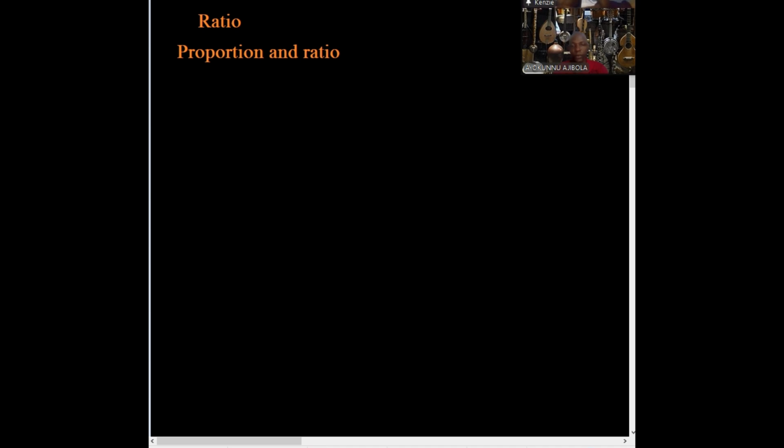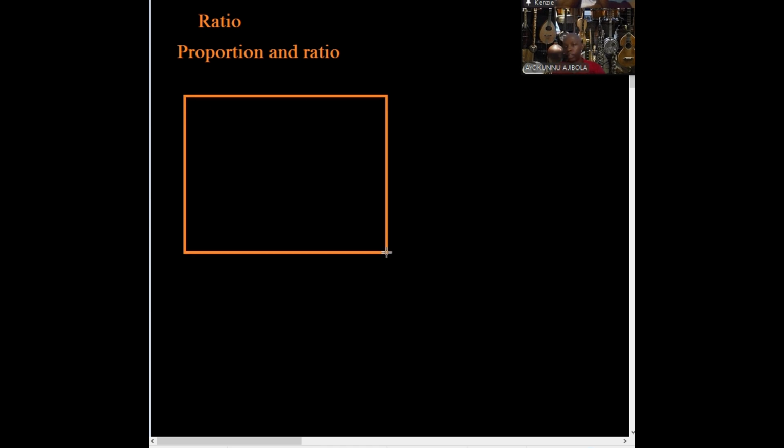So if we have an example, let's say we have a box containing seven counters.